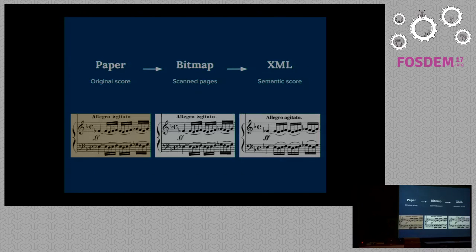So how would you go about doing that? Well, it's a two-step process. You start from the original score, and then you have to get it onto a computer somehow. So we need to scan it and convert it into a bitmap image. But it doesn't end there, because the next step is we want to turn it into a semantic score, something that we can play and extract data from.